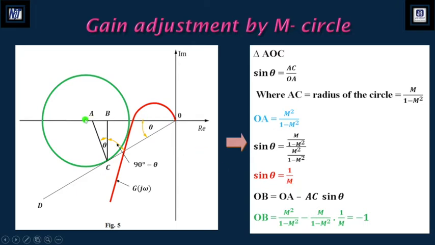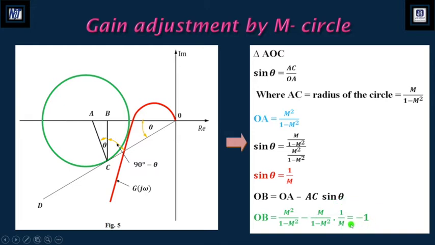And OB equal to OA minus AB. And from this triangle ABC, this is a right angle. So AB equal to AC sin theta. Then this is OA, AC is this value, and sin theta is 1 by m.